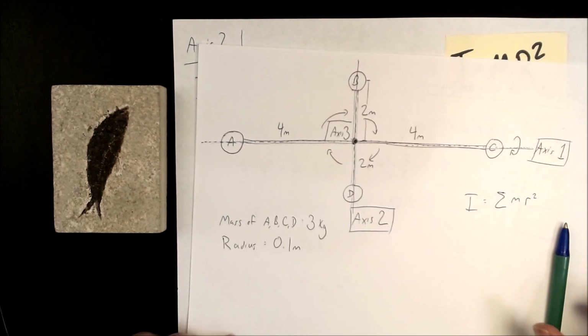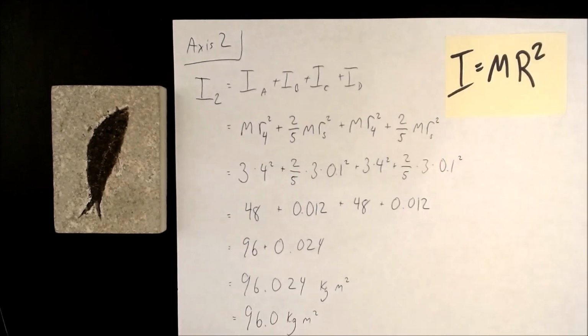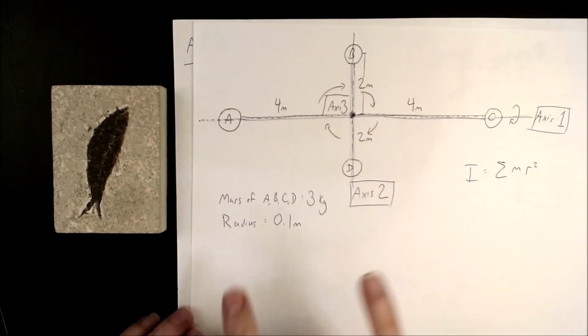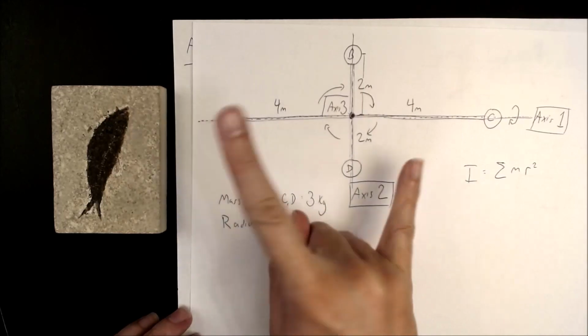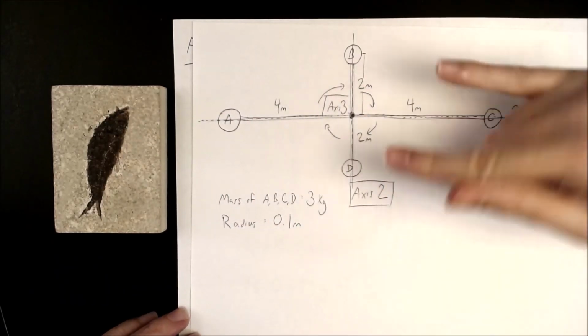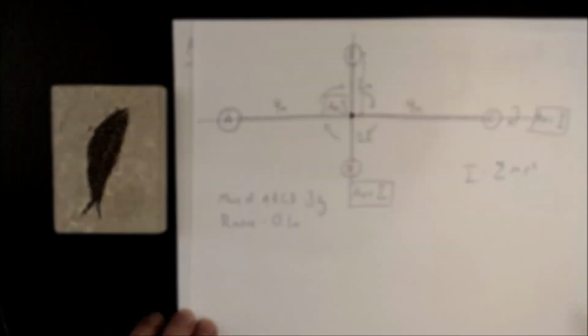So we doubled the radius, and that ended up getting squared, and so we have 4 times the moment of inertia. That means that it is 4 times as difficult to rotate around this way than it is to rotate around this way. Let's do this one last time for axis 3.